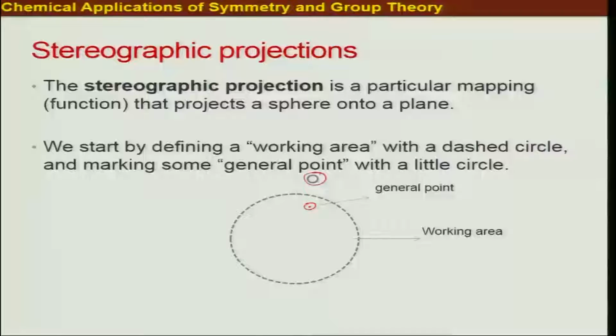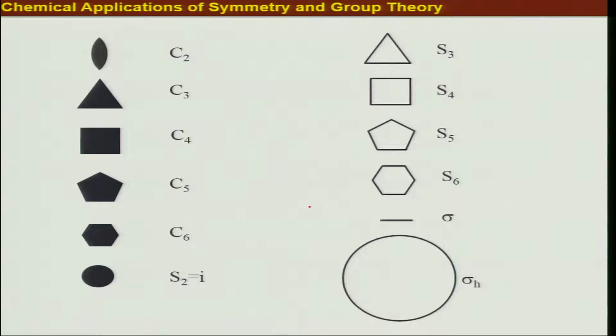So let's get started. Before we start the stereographic projection, we will first look at certain symbols that are used here. Any proper axis of rotation is defined by some solid symbols, like shown here. So this is for C2, C3, C4, C5, C6, and you can keep going.